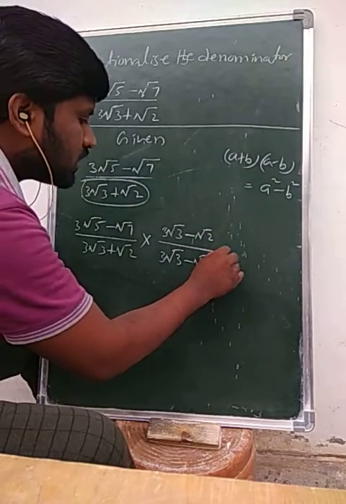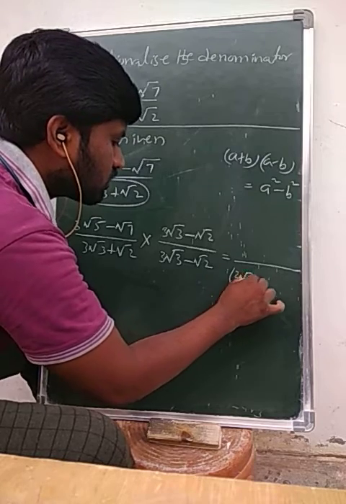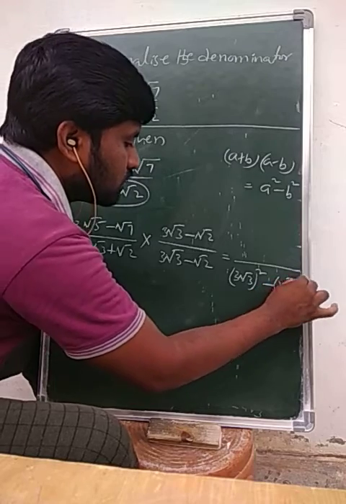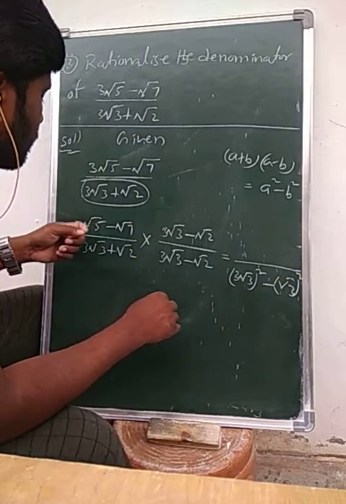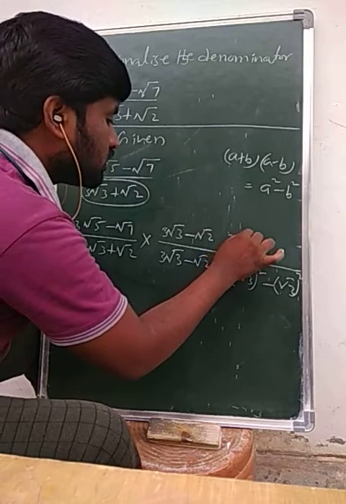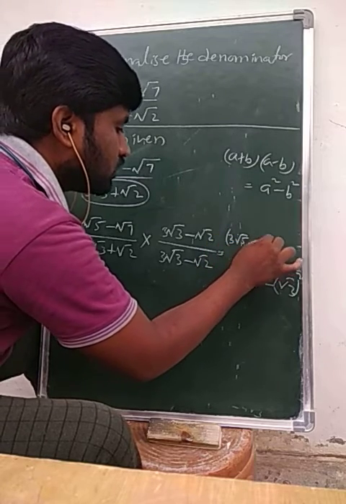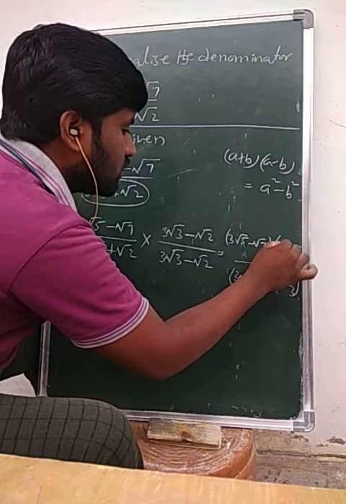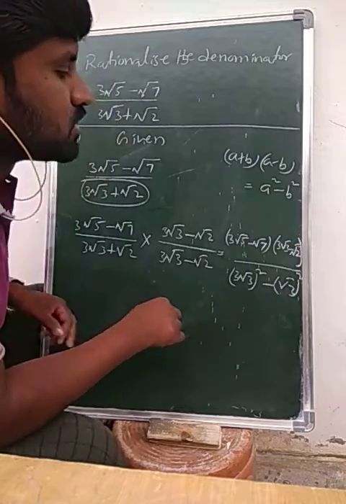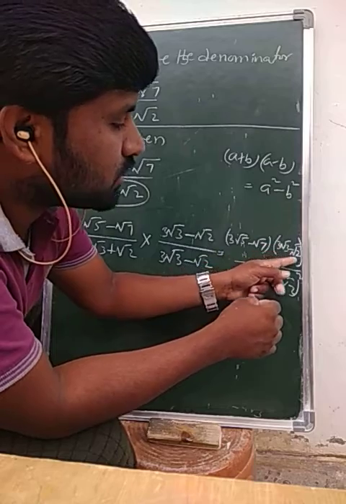So you can write the denominator as (3 root 3) whole square minus (root 2) whole square. But observe the numerator, you can multiply this one. How can we write it? 3 root 5 minus root 7 into 3 root 3 minus root 2.